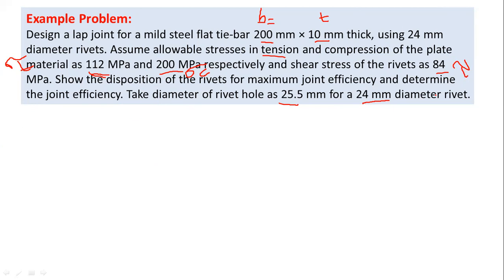These are the stresses. Tensile stress equal to 112 megapascal, crushing stress equal to 200 megapascal, shear stress equal to 84 megapascal. Here the diameter of the rivet hole, small d equal to 25.5 mm. You have to use this value for design. Let d1 be the diameter of the rivet, and d is the diameter of the rivet hole.